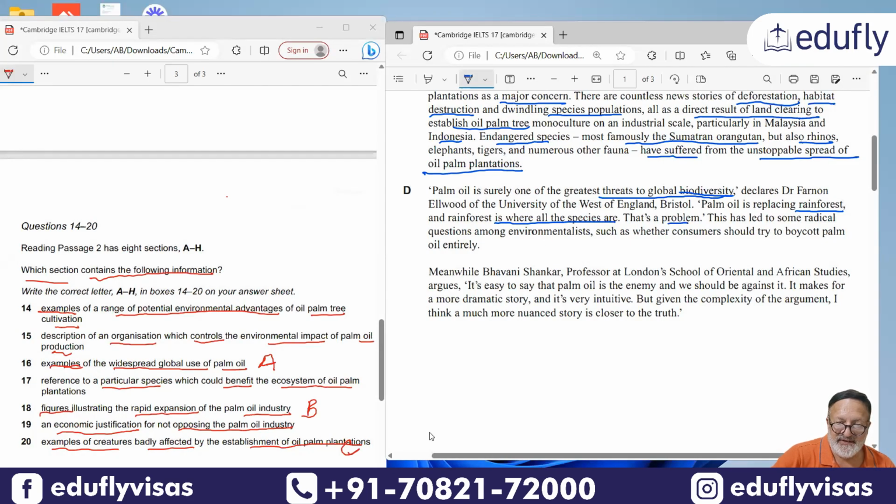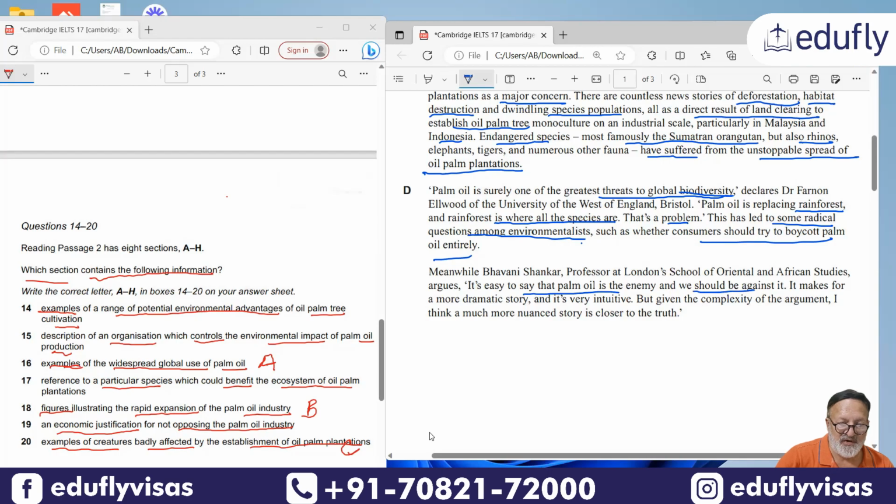This has led to some radical questions among environmentalists, such as whether consumers should try to boycott palm oil entirely. Consumers should boycott. Meanwhile, Bhavani Shankar, professor at this, says it's easy to say that palm oil is the enemy and we should be against it. So he says it's very easy to criticize.